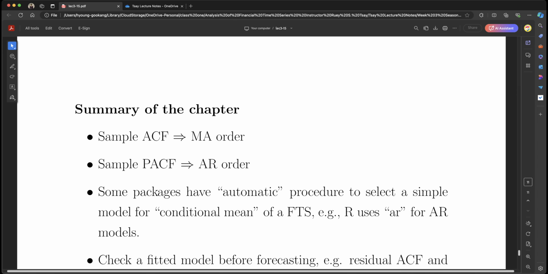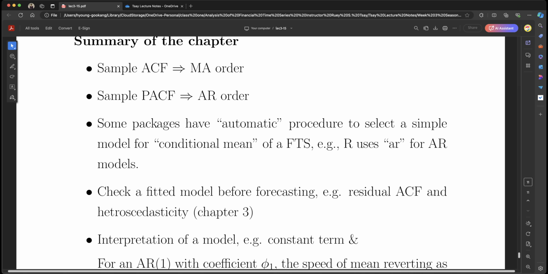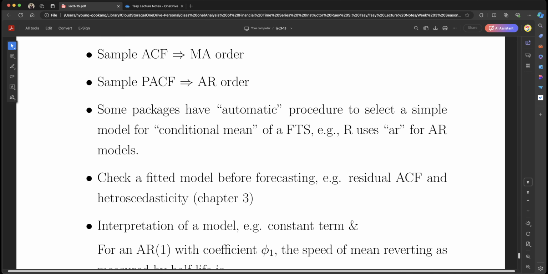For example, R uses ar for AR models. We can also check a fitted model before forecasting, like the residual autocorrelation function and heteroscedasticity, in order to check whether the residuals, the error term after we estimate a model, have any pattern. If they have a pattern, we didn't model properly, didn't model sufficiently.